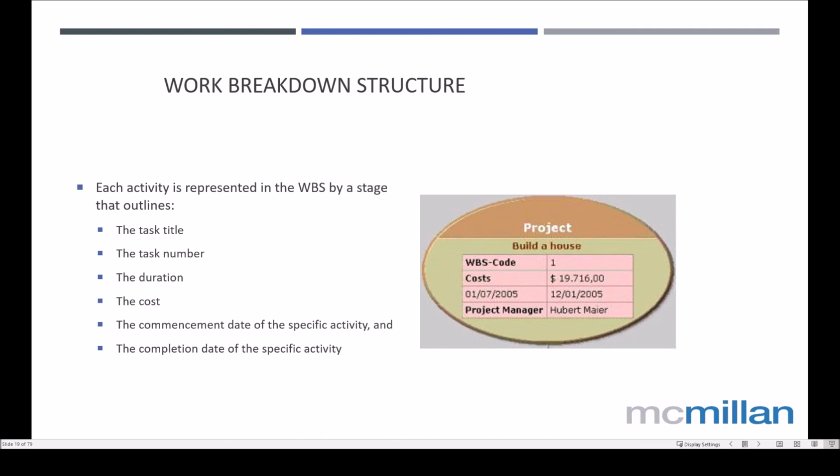You'll have the task title or the deliverable, depending on what level of the plan it's at. You'll have the duration of the event or the activity. You'll have the costs. You'll have, in terms of the duration, the specific start date and the end date. And you'll notice from this one here as well, it also has the name of the person who's responsible for this particular project or deliverable or activity or task.